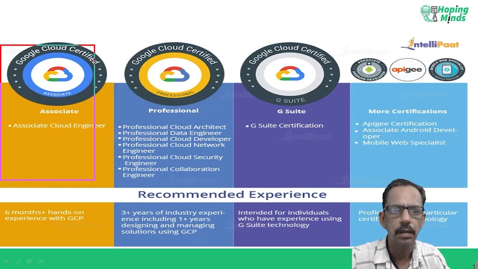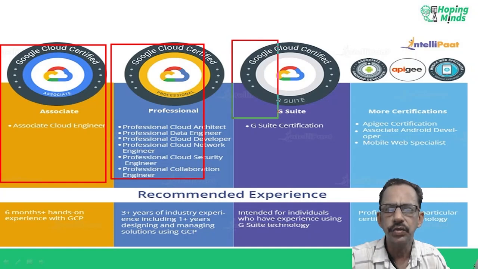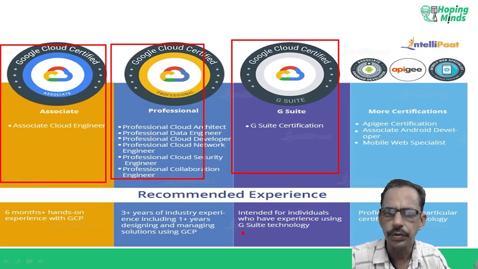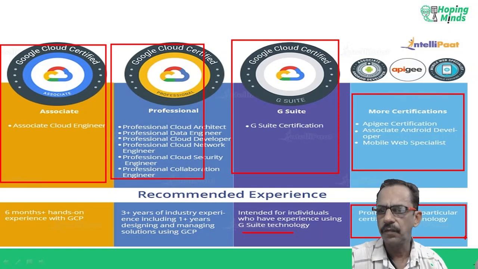Associate level, professional level. One is the G Suite certification, intended for those who individually have experience using Google Suite, and there are more certifications, like the EPIC certification, associate Android developer or mobile web application, proficient in a particular technology. If you are good in mobile app or website facility, or you are an Android developer, you can also get the same certification from there.